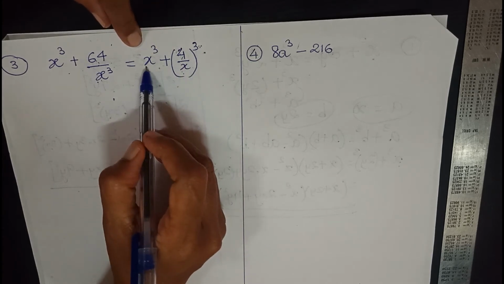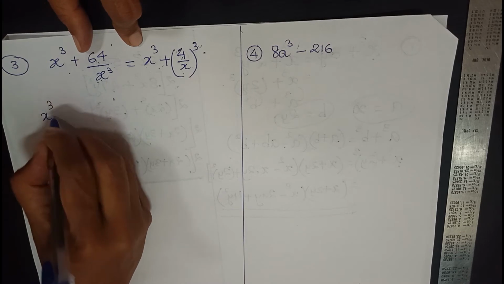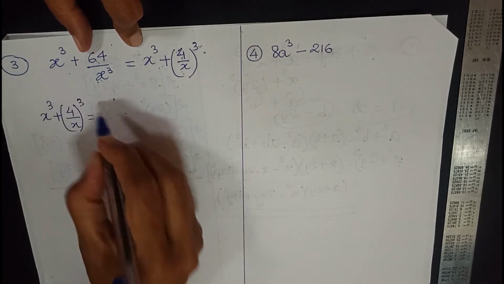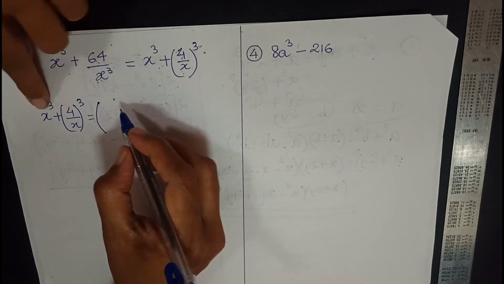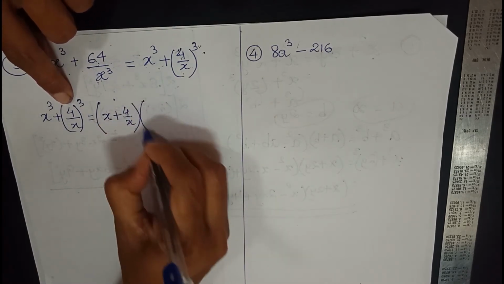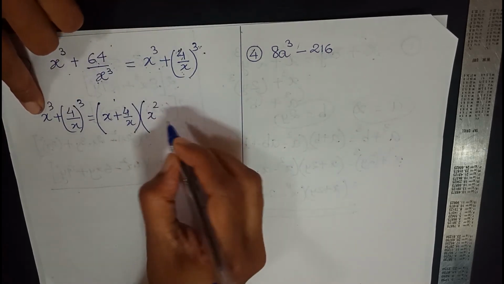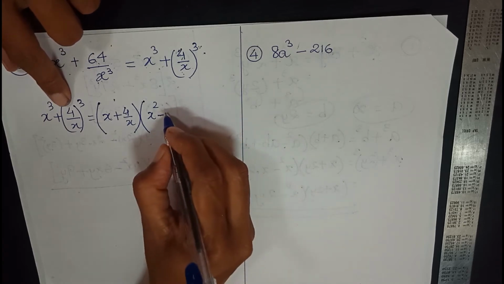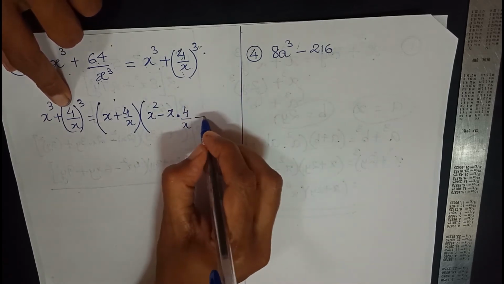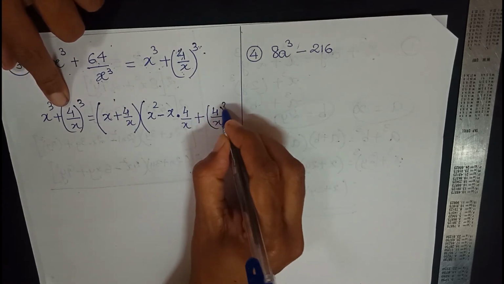Now this is also in the form a cube plus b cube. Let's factorize this. So the first bracket is a plus b. So here a is x and b is 4 upon x. Next bracket, a square, so x square, minus a into b, that is x into 4 upon x, plus b square, that is 4 upon x the whole square.